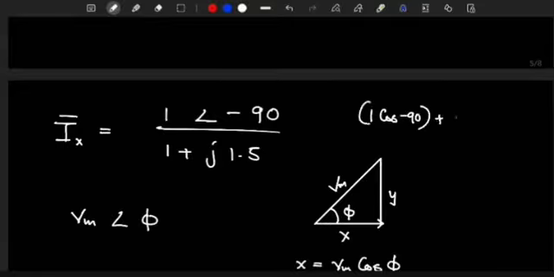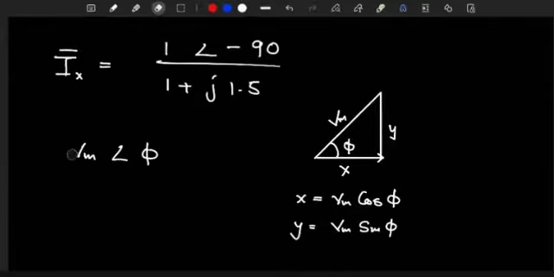The imaginary part will be 1 sine minus 90, which is -1. So that is what you would have to do if you wanted to make that conversion. So this will actually reduce to just -j. But instead of doing this, for us, we'll choose to convert the denominator from rectangular to polar.